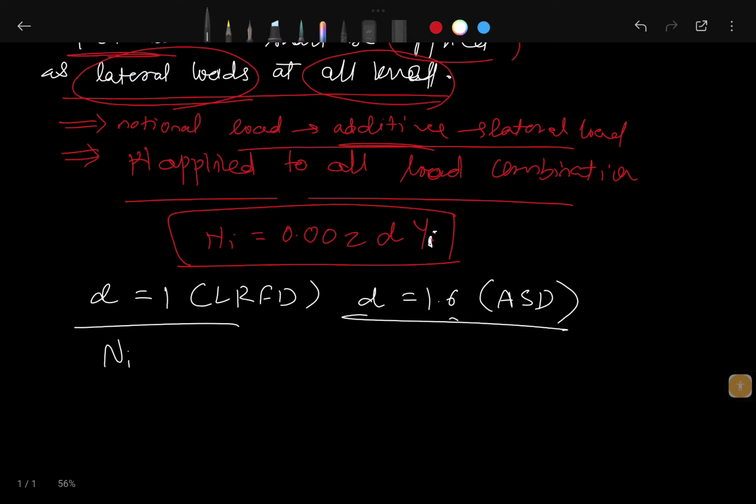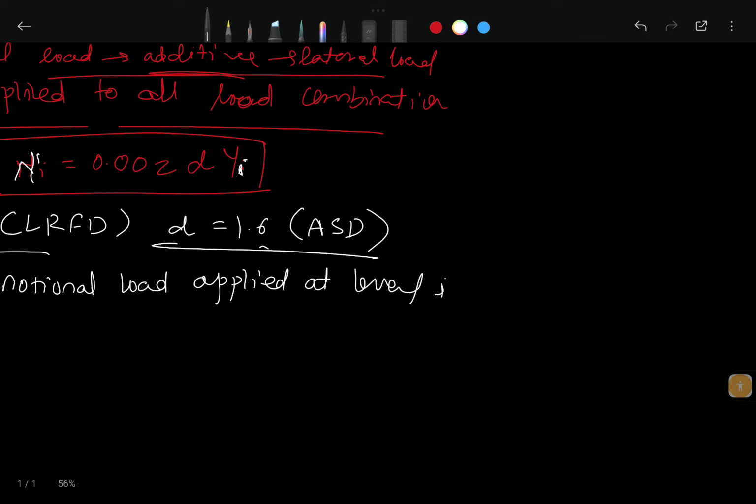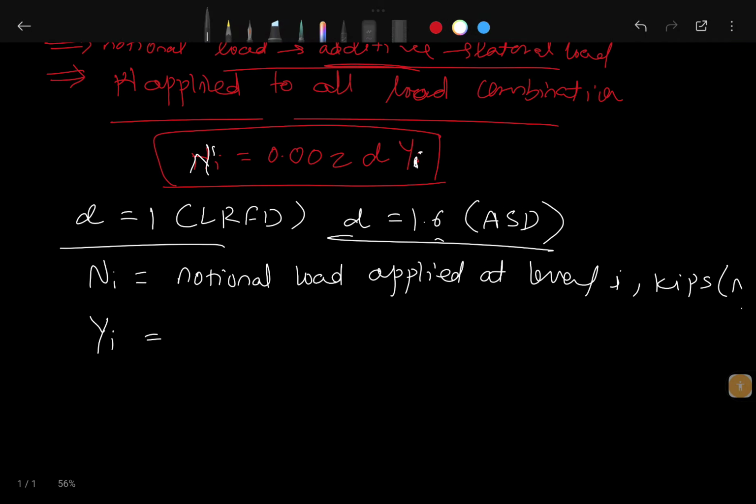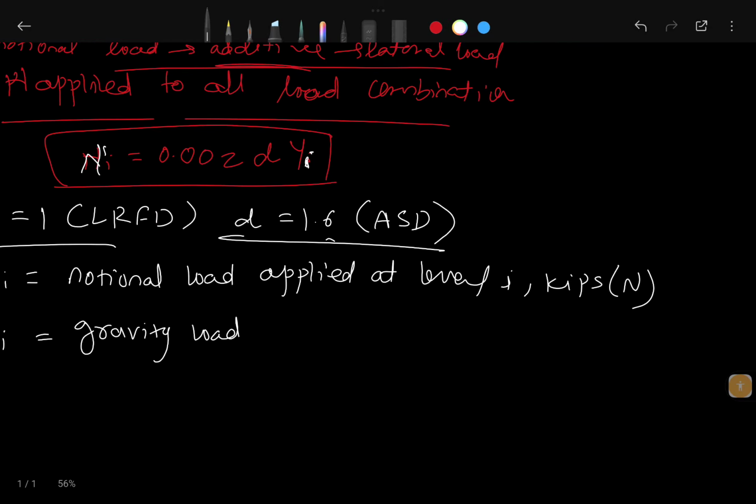Ni is nothing but the notional load applied at level i. The unit is kips. Second one, Yi, is the gravity load applied at level i.